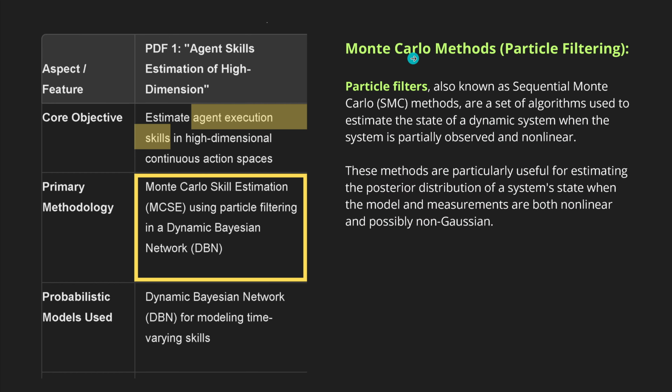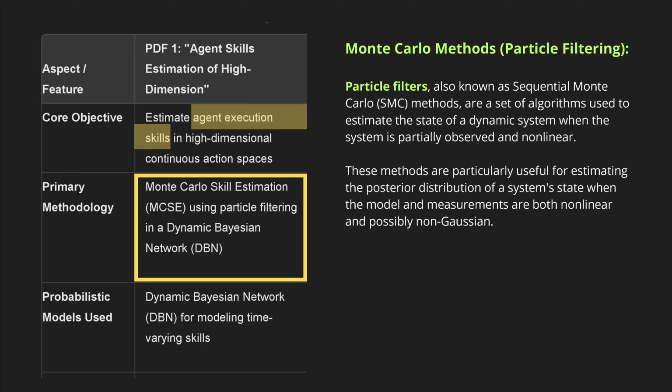Now, there are different Monte Carlo methodologies that maybe you know from mathematics or theoretical physics, or maybe even from finance. I've seen they calculated also with Monte Carlo. But we go here with particle filtering. And maybe you know it as a sequential Monte Carlo methodology. This is simply a set of algorithms used to estimate the state of a dynamic system when this system is only partially observed and definitely nonlinear and highly complex.